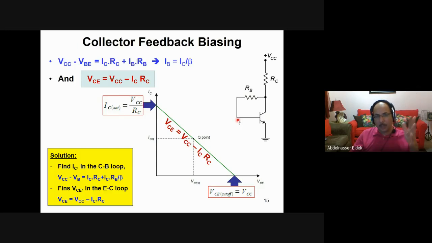You can remove IB and say IB equals IC divided by beta. In this case, you still have IC as a variable. So the voltage here is IB times RB, replaced by IC divided by beta. And the third one here, what's the voltage here? It is 0.7 volt. So now we have one equation in IC. You can calculate IC. Very simple.